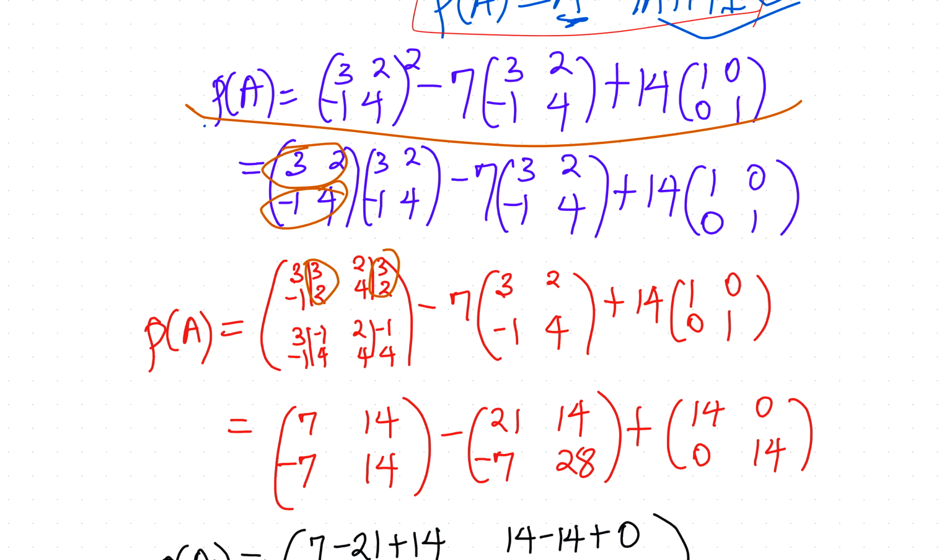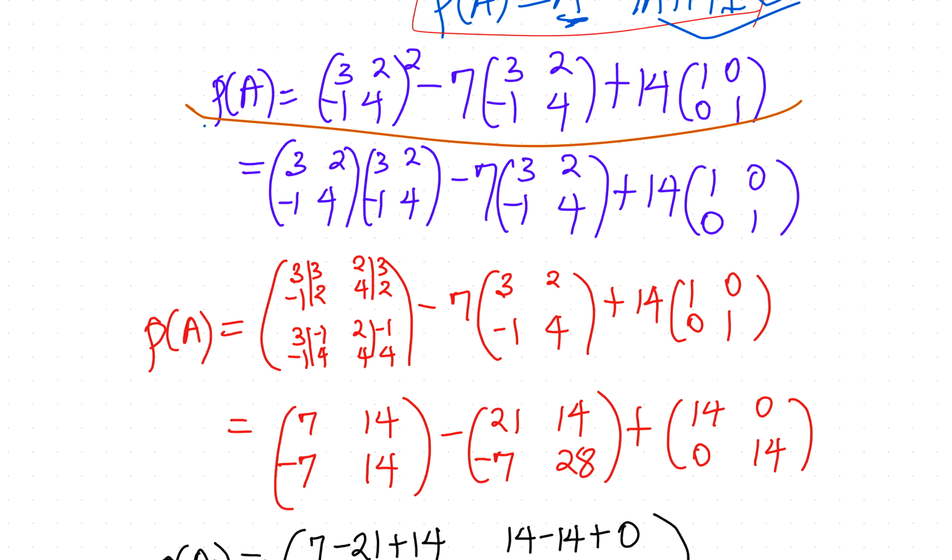So 3 times 3 is 9. Minus 1 times 2 is minus 2. 9 minus 2 rather is 7. Then minus 3 minus 4, that's minus 7. 2 times 3, 6. 4 times 2, 8. That's 6 plus 8 is 14. Minus 2 times minus 1 is minus 2. 4 times 4 is 16. 16 minus 2 is 14. So you have A squared to be 7, 14, minus 7, 14.